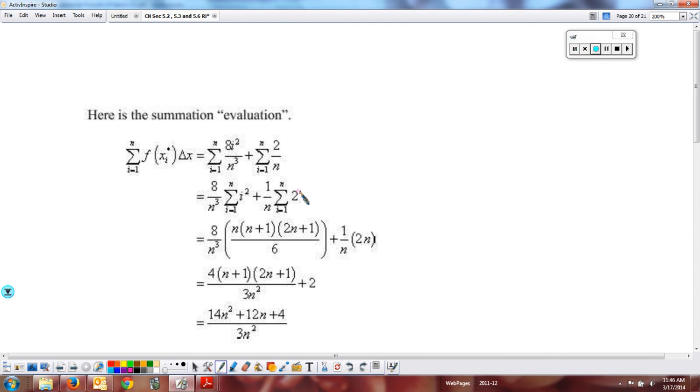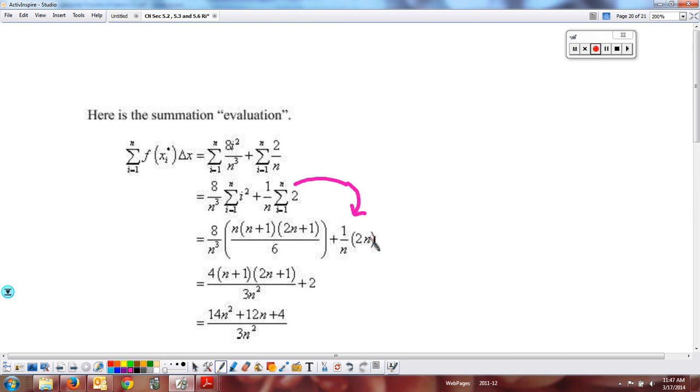Now, there is a property that says that if I want to sum a constant like 2 from 1 to n, that simply means I have n of these 2's added up. So this part evaluates to this.